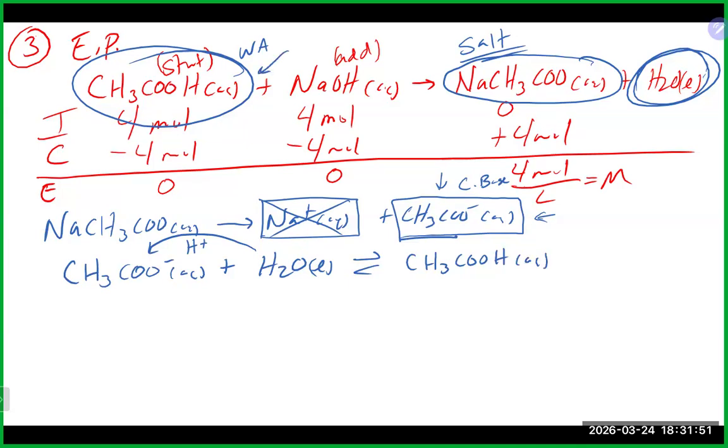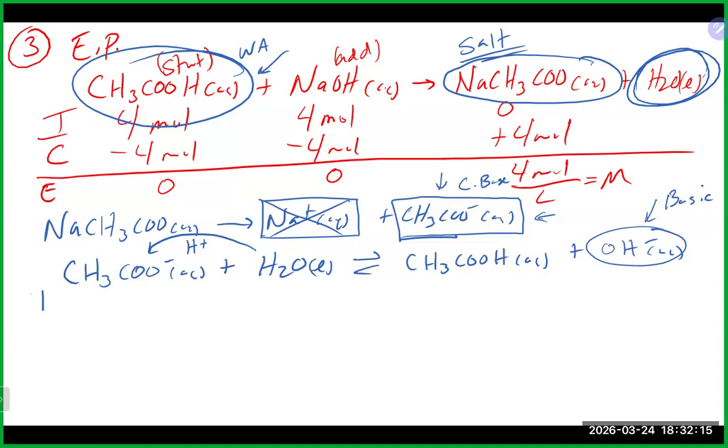So it will always form where it came from, and it will make a little hydroxide action. So before I even do this ICE table, the pH here at the equivalence point should be acidic, basic, or neutral. Should be basic. Yeah, we're forming hydroxide here. So we should have a basic pH in this type of titration because of the salt going through hydrolysis.